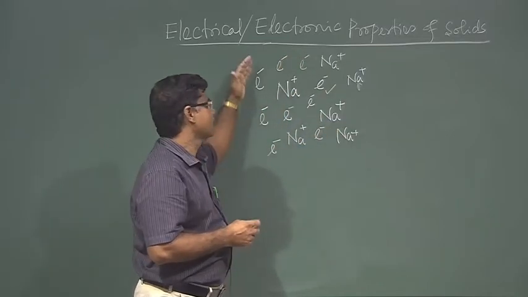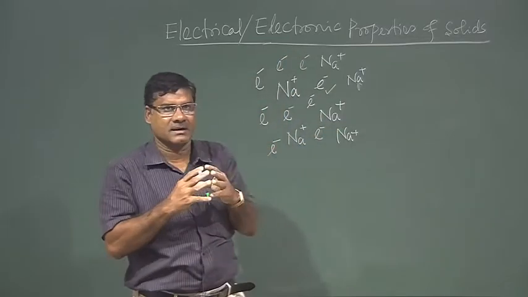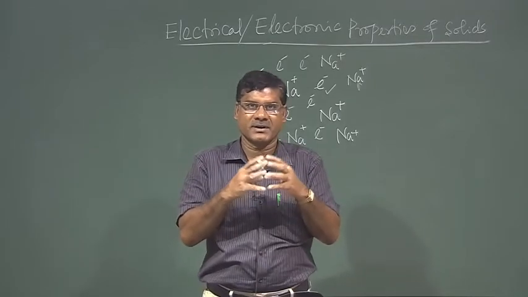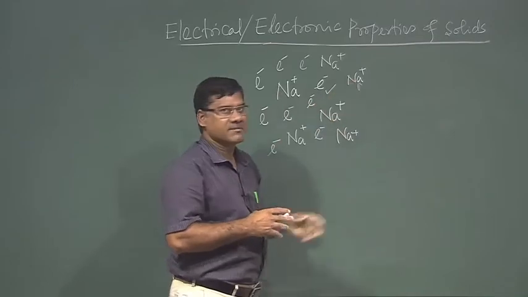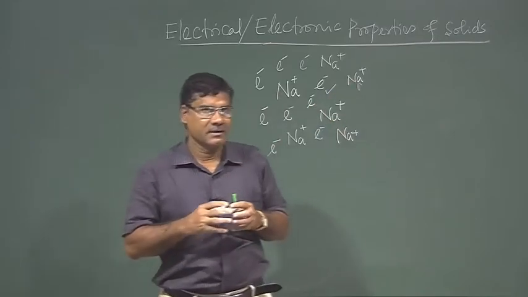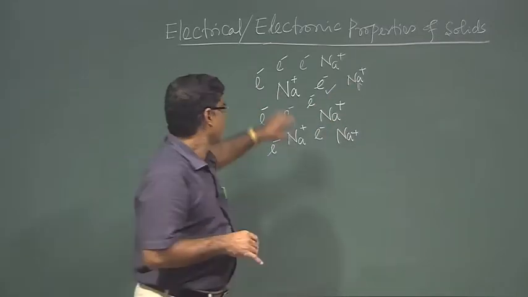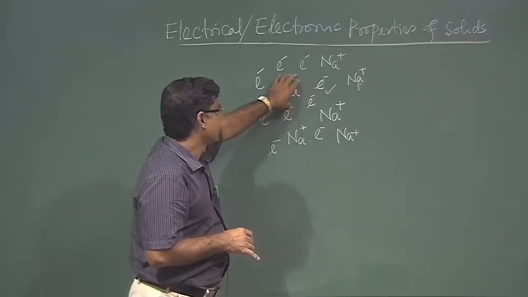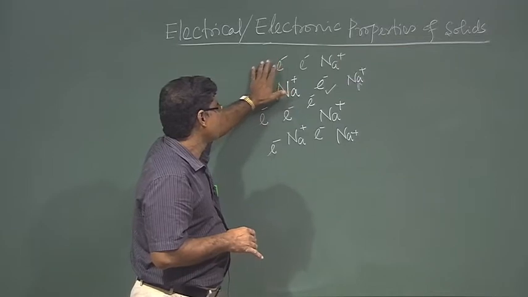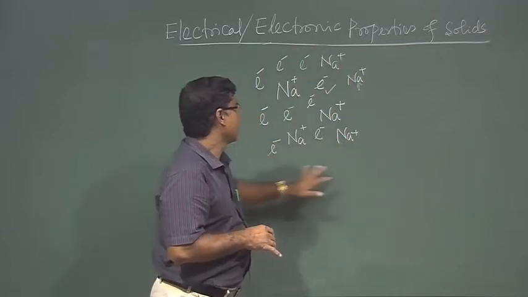Electrons are negative charge, and these ions are positive charge, heavy positive charges, and these electrons move around them.